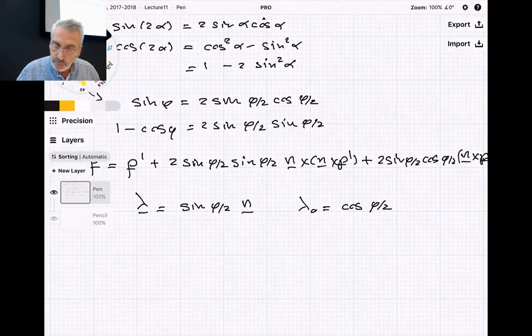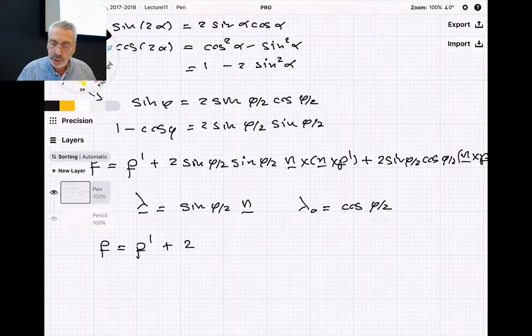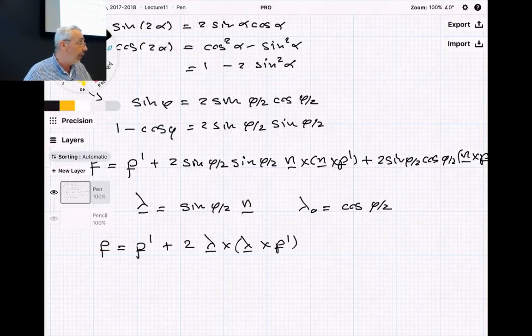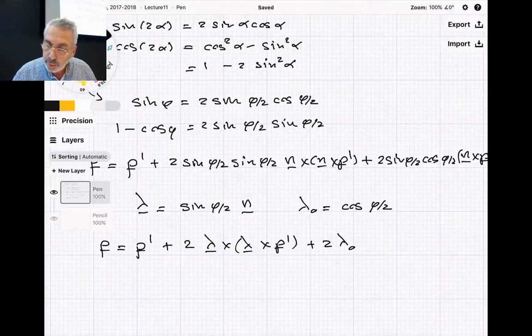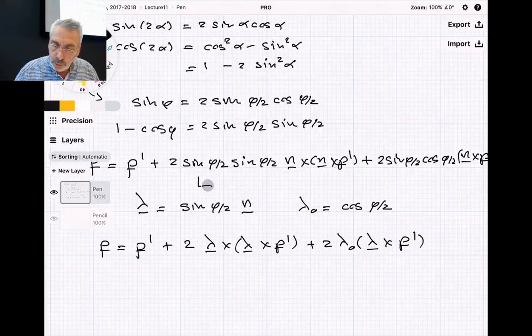So it's going to be P equals P prime plus, well, the 2 remains, and then, for this and this cross product, we can simply write lambda cross lambda cross p prime, because the lambda already in itself has the sine phi over 2. And then the second part is plus 2 times lambda 0, that's just a scalar, and then we get this lambda vector cross p prime. These guys we call the Euler parameters.